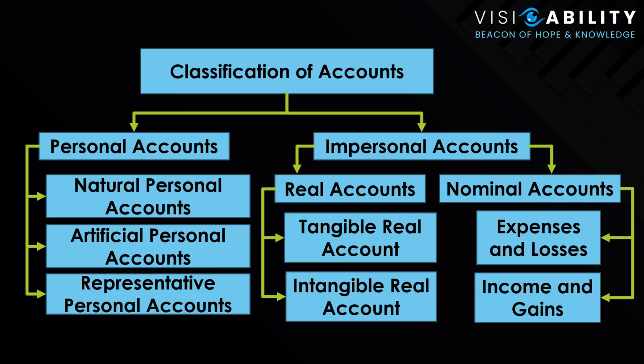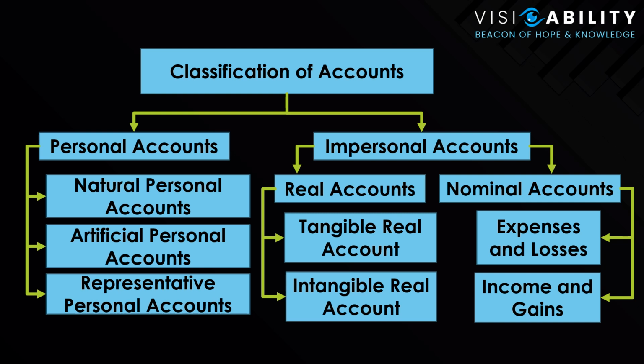Now, what is the next category that comes under the impersonal accounts? That subdivision of impersonal accounts is nothing but the nominal accounts. The nominal, as the name says, for the sake of a transaction, we just have a name. Under that particular account, we either give money or take money.